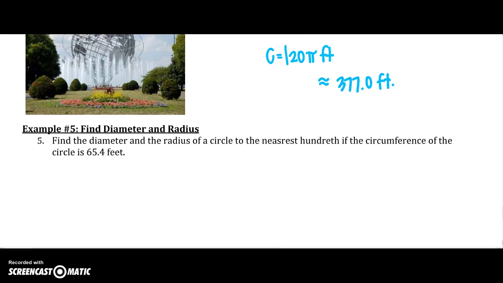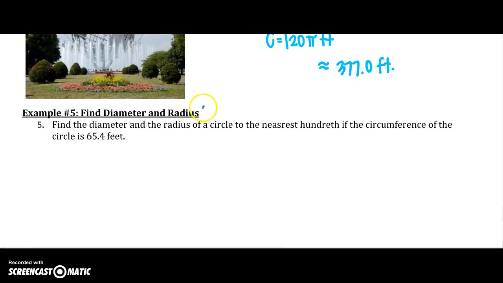Alright, another way of going about it is maybe we need to find the radius or the diameter, depending on what you're given. Find the diameter and the radius of a circle to the nearest hundredth if my circumference equals 65.4.